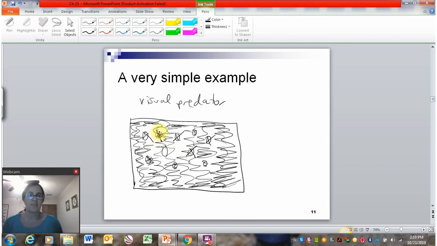The dark dots sometimes get eaten, but because they blend into their environment, they're less likely to be eaten. So over time, the dark black dots reproduce more because they survive longer. They don't get hunted as often. The white dots might still reproduce, but because they're getting hunted more easily, there's less of them.